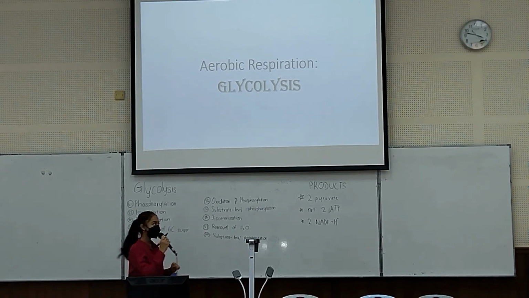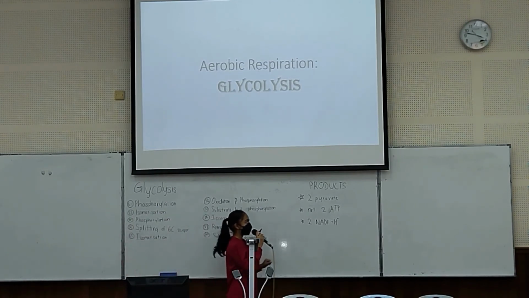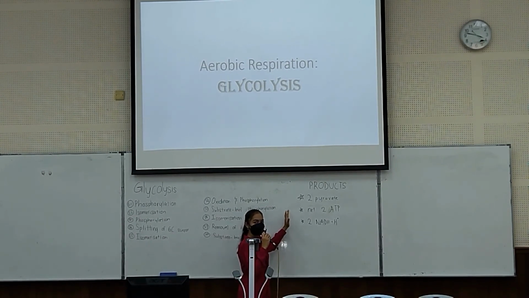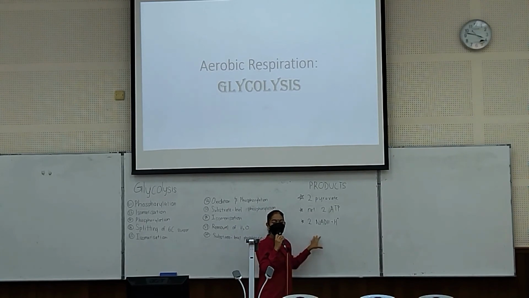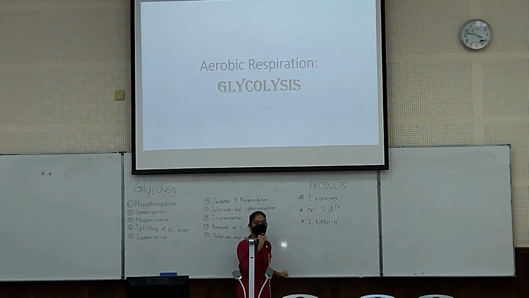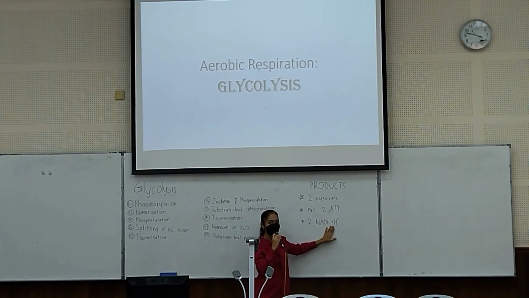Okay? Before we end this session, let me go to the products. Remember, it is very important to remember the products. Okay? So from 1 glucose, did you hear me correctly? 1 glucose, a 6-carbon structure, we have 3 products for you. 2 pyruvate, net 2 ATP, and lastly 2 NADH and H+.